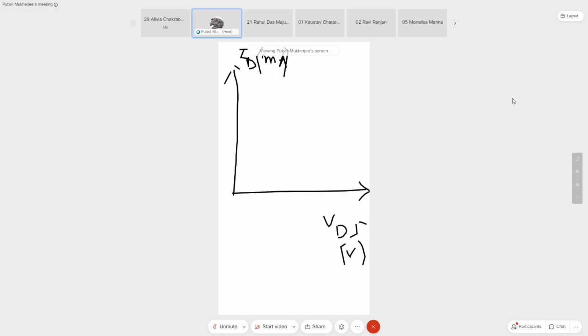So maybe we take this up to 22 volts because I have to keep the value 22 volts in the graph. So this is say 0. This is approximately in between, say I take 10 volts.